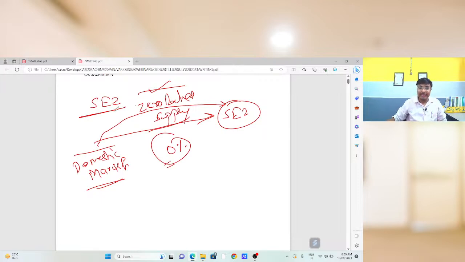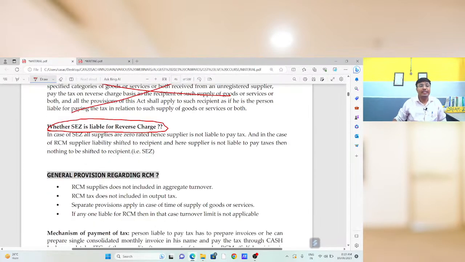Now the question is, when I am going to make a certain supply to an SEZ unit, whether RCM is applicable or not. When the regular supply is at zero rate, 0%, that means SEZ is not liable to make payment of any taxes. In that case the RCM supply will also be zero rated. There is no GST on that. In case of SEZ, all supplies are zero rated supplies, hence the supplier is not liable to pay the tax.